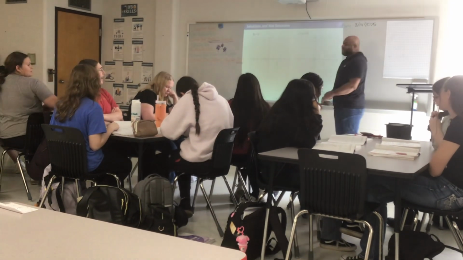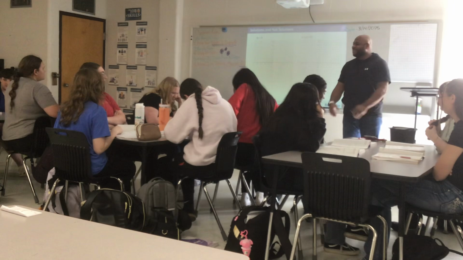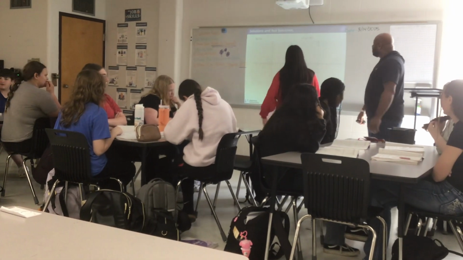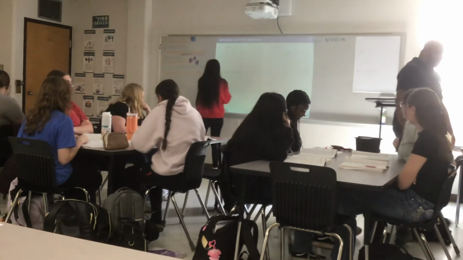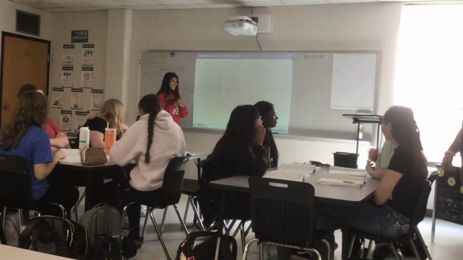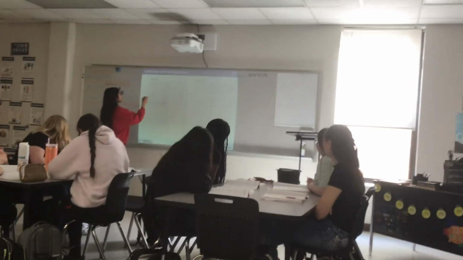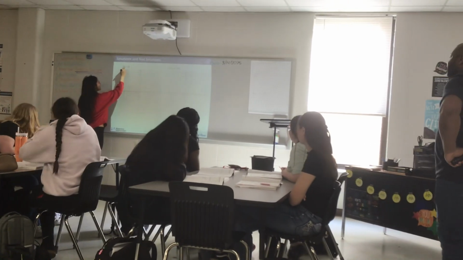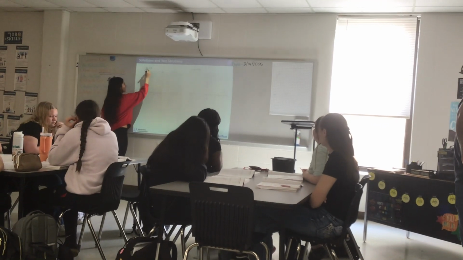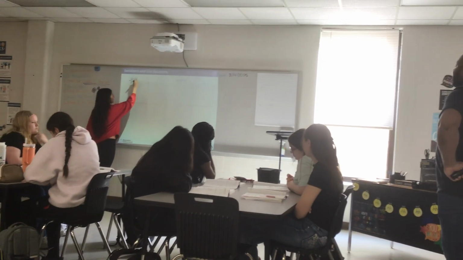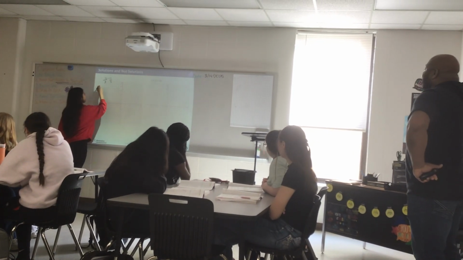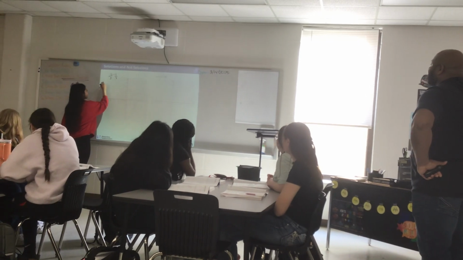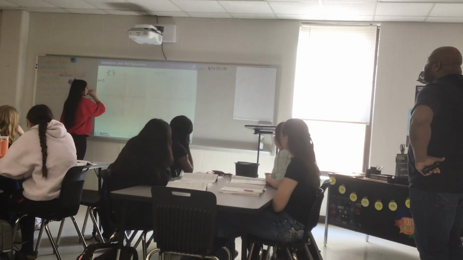Who likes to do this? Go ahead, Alexa. 3x is less than 0. Okay, how will you tackle that? So you want to get your x by itself, so you're gonna divide by 3, and since you do it on one side, you do it to the other side, which is still gonna be 0. So x is less than 0.